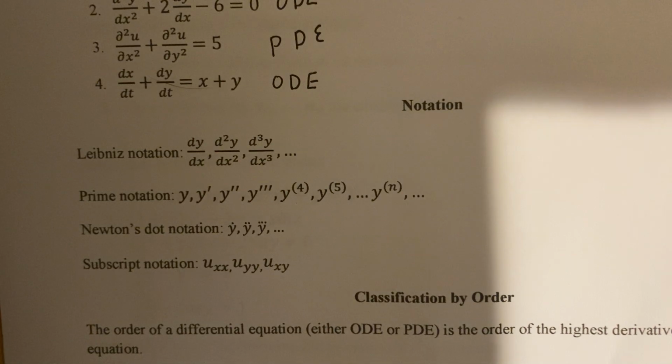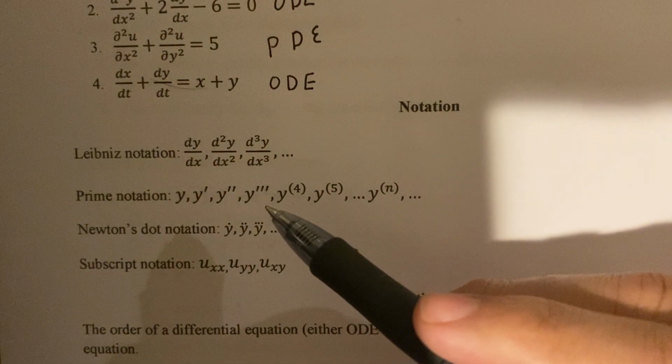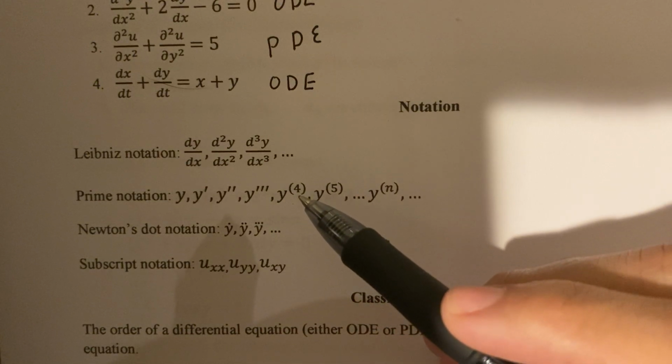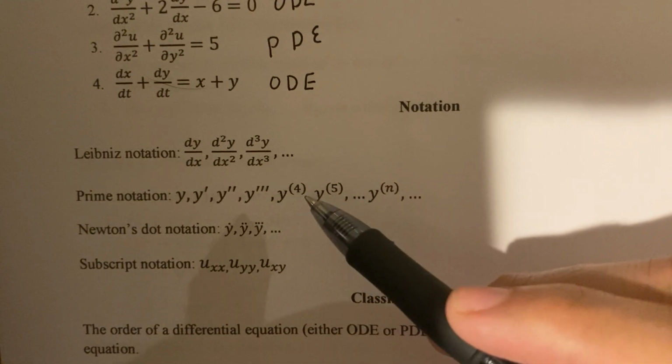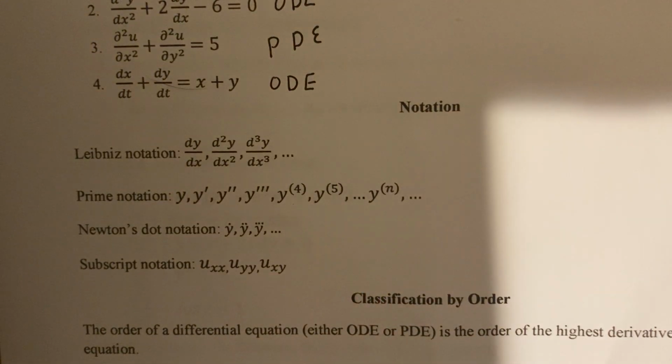Prime notation is the notation I like to use, just because it's a lot less writing, and when I look at it, I know, hey, it's a derivative. Notice that after you get y triple prime, it goes to y, and then you have 4 in parentheses. Again, it's not power 4 because it's in parentheses. That's the fourth derivative, fifth derivative of y, and that's how we represent anything beyond 3.